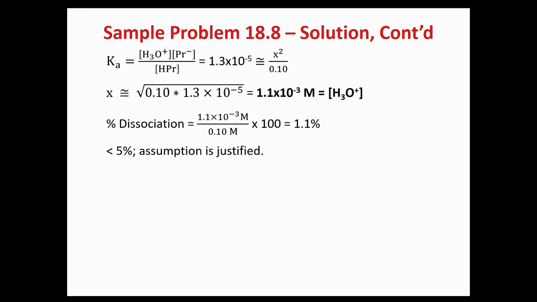The percent dissociation, I'm calling it ionization. Please make sure you realize they're synonyms for each other in chemistry. So the H3O plus divided by the original concentration times 100 is 1.1%. Notice that it's less than 5%, so we can feel good that we didn't use quadratic. So quadratic was not necessary.